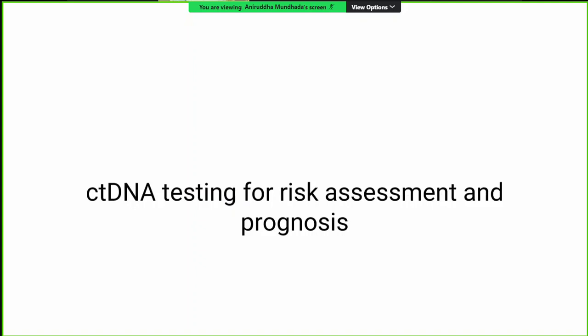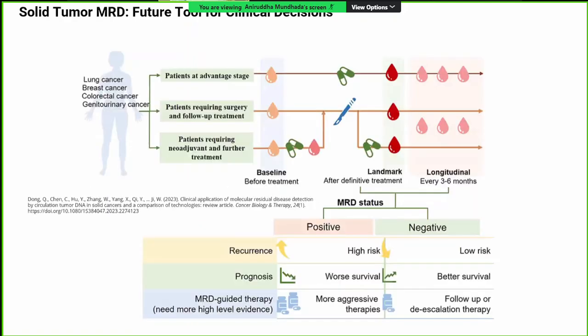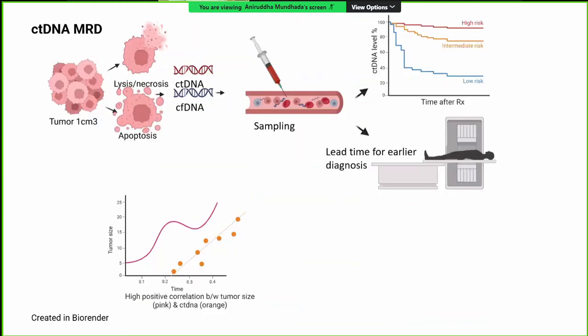Coming to risk assessment and prognosis. In solid tumor MRD, it has been shown that it affects the clinical decision, and this can be used in lung cancer, breast cancer, colorectal or GI cancers. In lymphoma or in MRD settings, we are talking about the sampling and getting the lead time for earlier diagnosis.